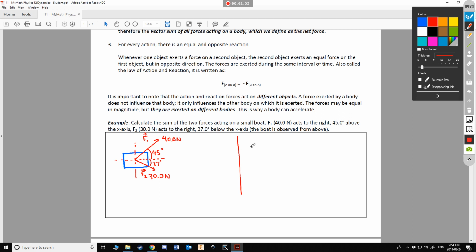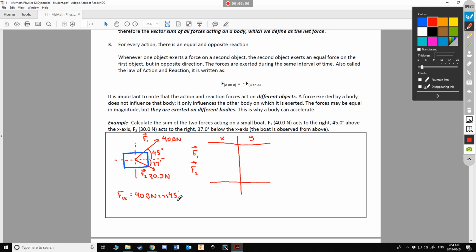So just like before, we can do a little table. Here's x direction, here's y direction, here's F1, here's F2, and we're going to find out what is the overall net force in the x direction and y direction, and then combine them. So for F1, F1x will just equal 40.0 newtons, and we can multiply that by cosine 45 degrees. 40 cos 45.